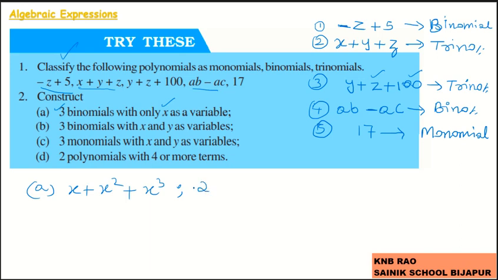Next, minus 2x plus 5x square minus 7x to the power 5, and that is the second. Now I can use x cube plus x to the power 5 minus 11x to the power 7.